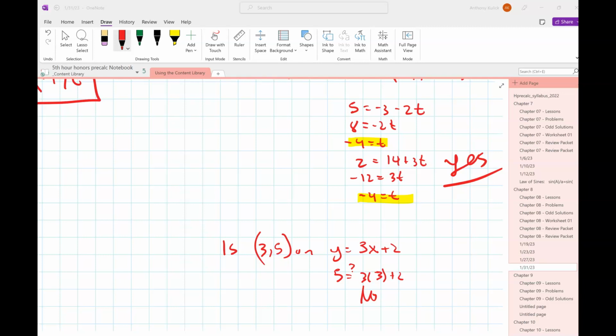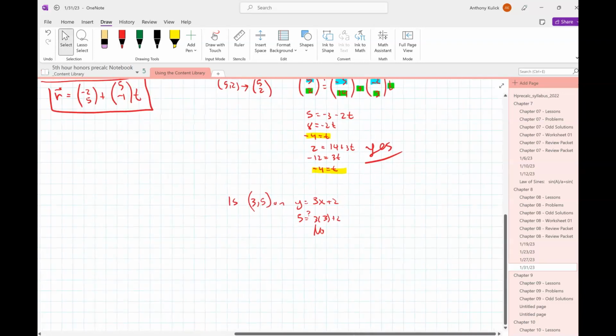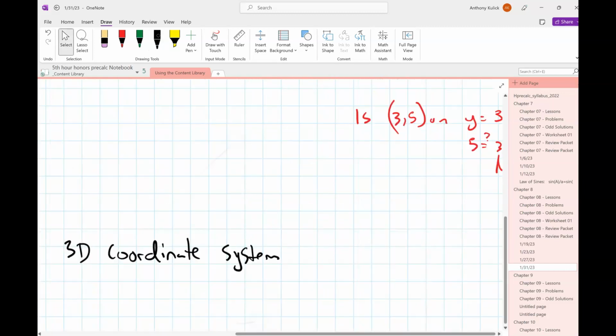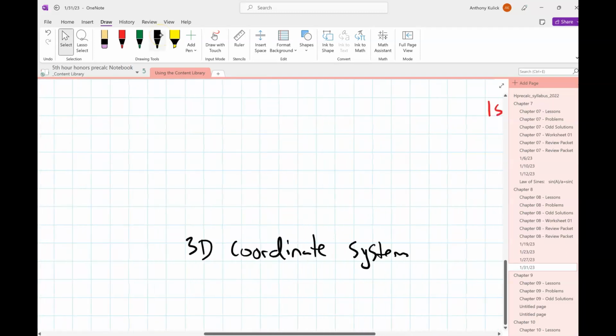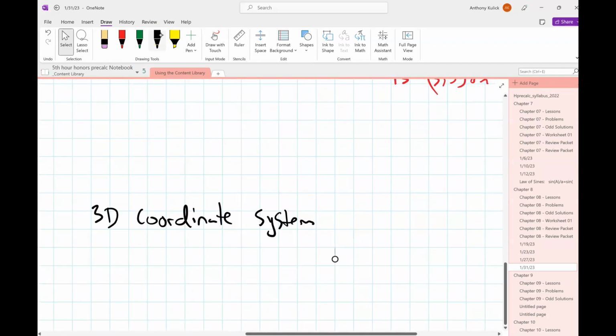So the next lesson, we're just going to talk about three-dimensional stuff, like the three-dimensional coordinate system. This is in the middle of the page, isn't it?